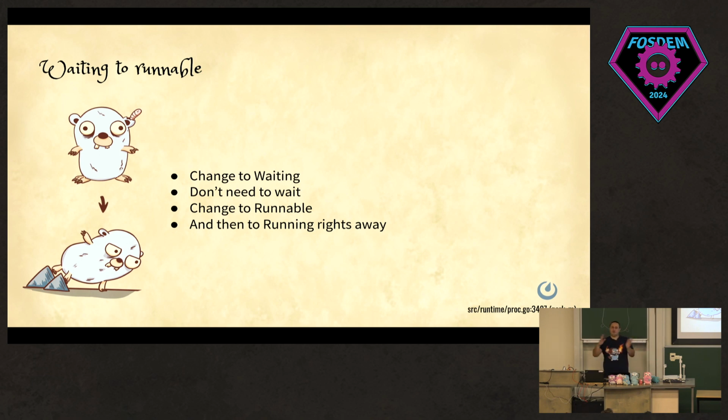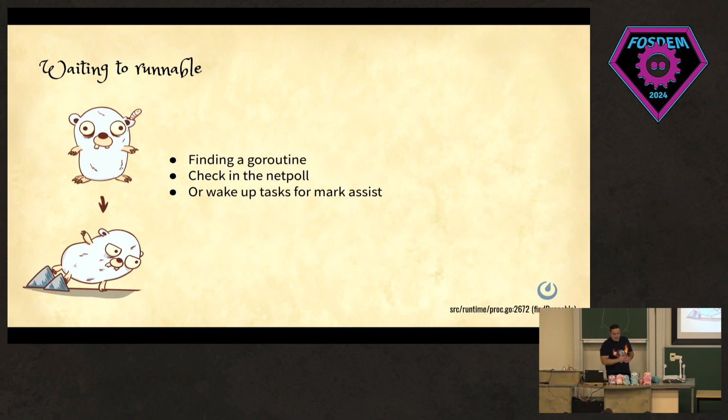Imagine that you say, hey, I'm going to wait for X, but that X is already fulfilled, so I'm going to go back to runnable directly. And another thing is when the scheduler is trying to find a goroutine to execute, you check the scheduler, you check the net poller, and the net poller sometimes has goroutines that in theory are waiting, but the data is already there or the job is already done. So it just moves that from waiting to runnable.